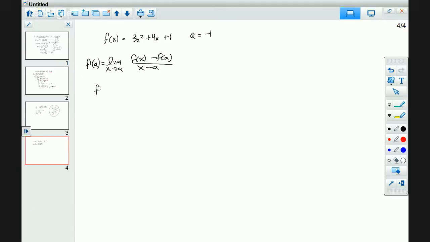So f prime at -1. This is easier. I wanted it to be. So we have f of x and f of a.